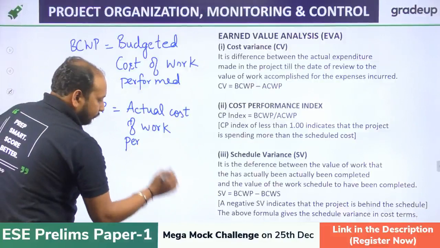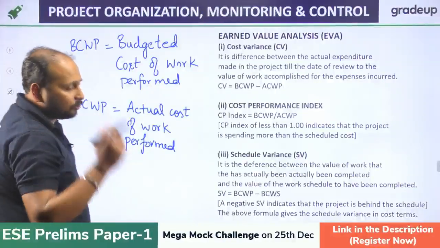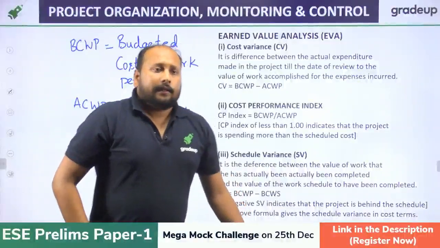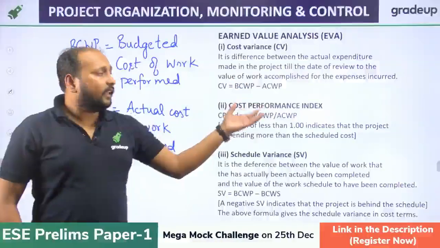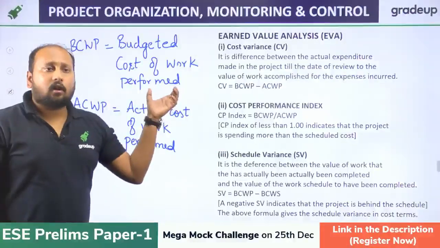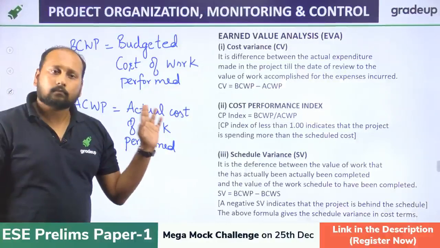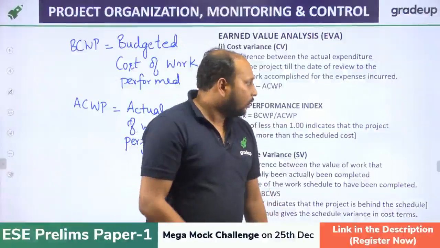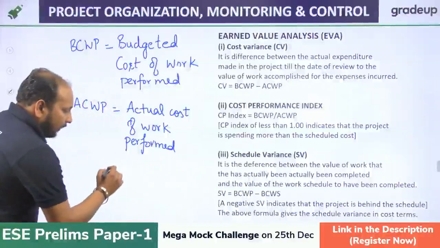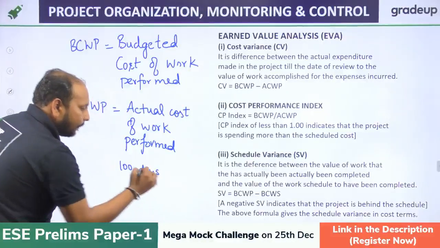Now, they won't be asking you what is cost variance. Clear? Now, what is cost variance? This is the difference between the budgeted cost of work performed and the actual cost of work performed. Clear? Now, for example, we're having a 100 day project.